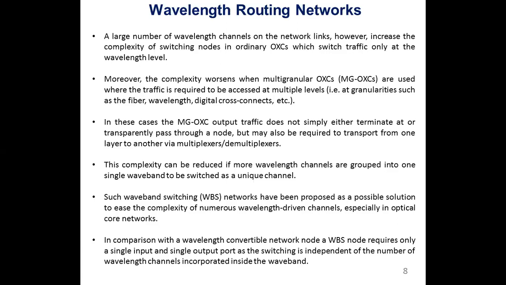So compared to a wavelength convertible network or node, the waveband switching node will require only a single input, single output, because we have already combined the wavelength channels into a waveband. So we have only one input, one output, and this will be independent of the number of channels, because the whole number of channels have already been incorporated within the waveband.